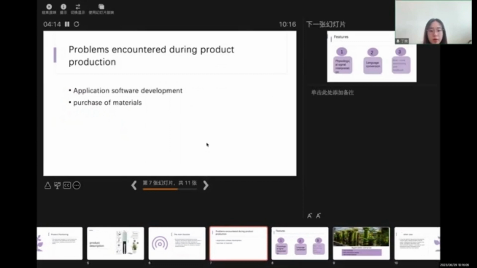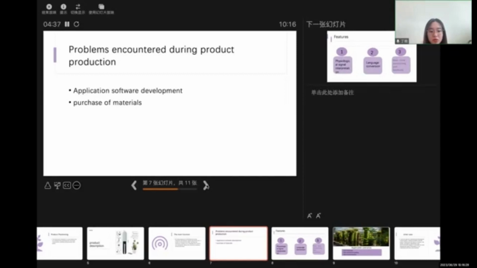We encountered some problems while producing this product. Firstly, the development of the software app is particularly challenging, involving many computer issues. We lack sufficient resources, and the app development process is often affected by changes in requirements.